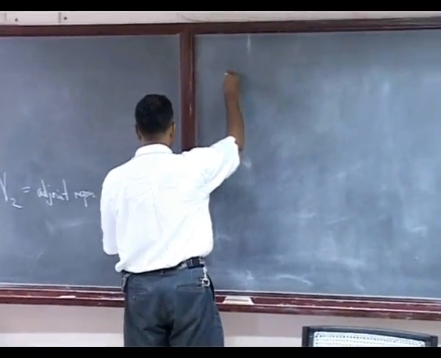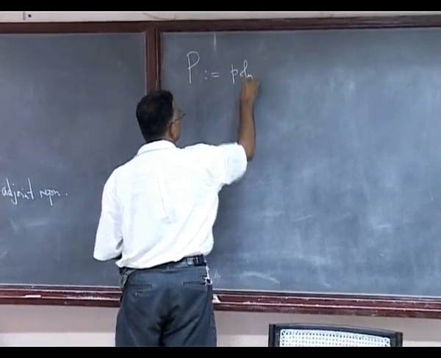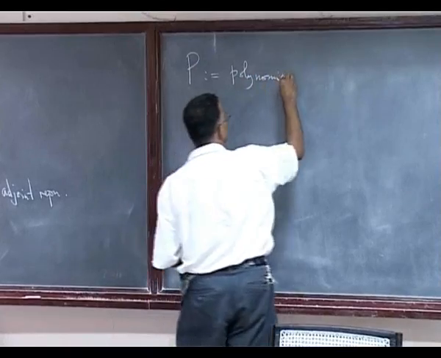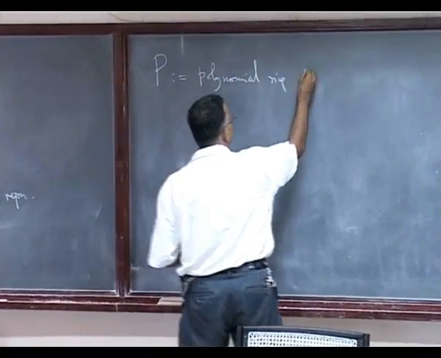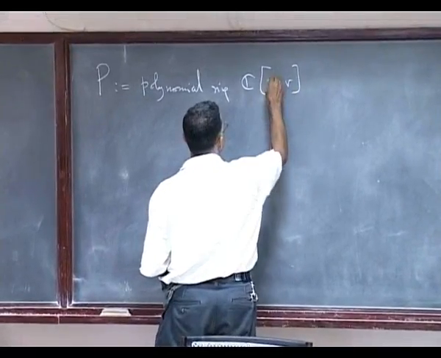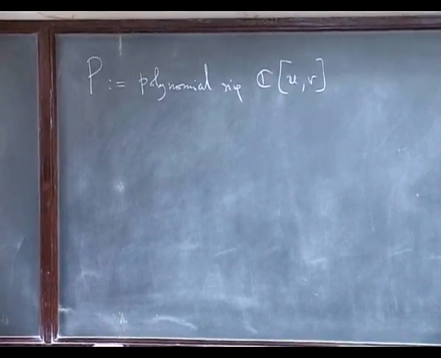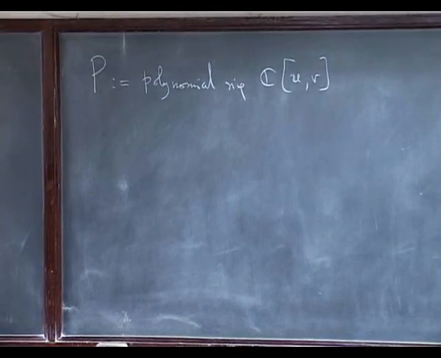I take P to be the polynomial ring C[U, V] in two commuting variables.